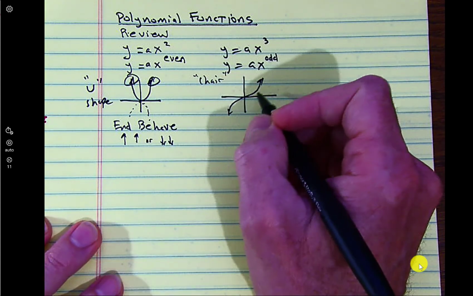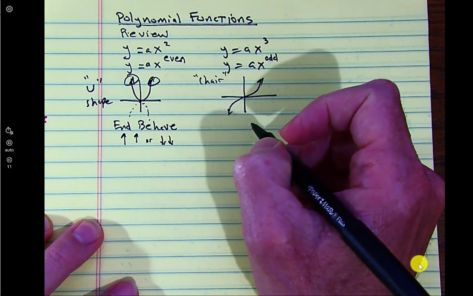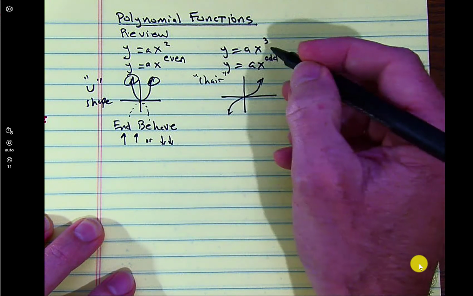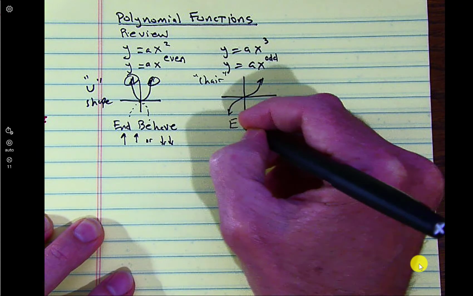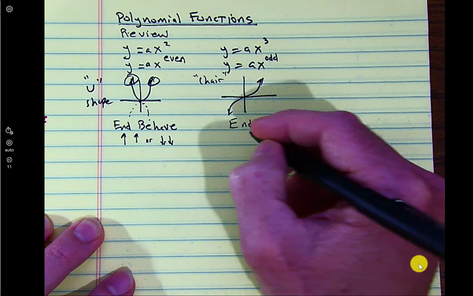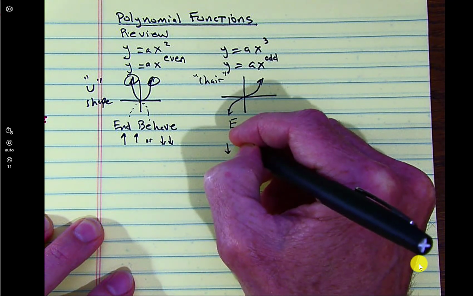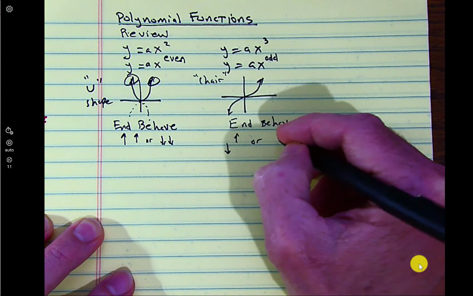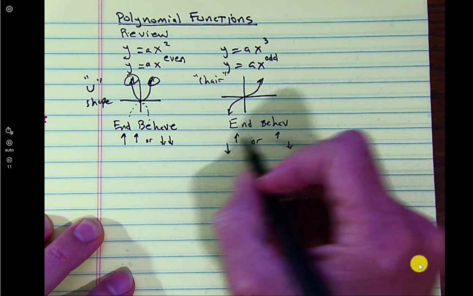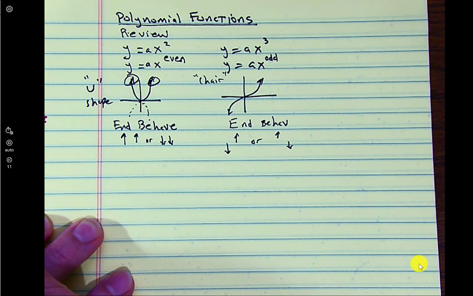You know, it's not a very comfortable looking chair, but it's kind of a shape depending on how extreme these turns are. And so the key feature of the odd power functions is the end behavior. It's always opposites. One goes down and then the other goes up, or one is up and the other goes down. So you have these end behaviors, and we're going to need that end behavior to help us graph.